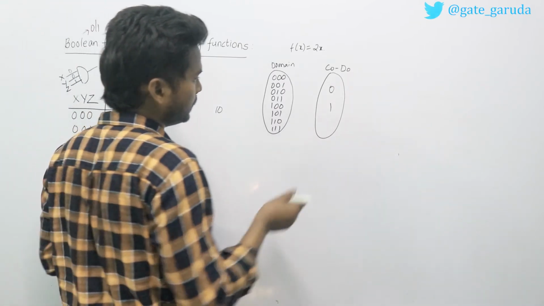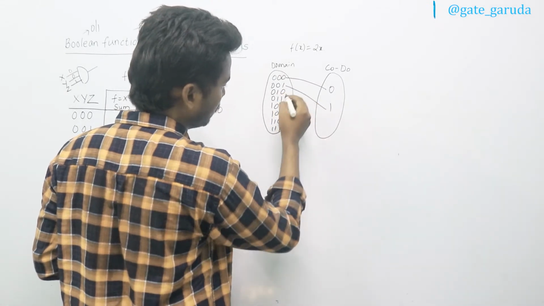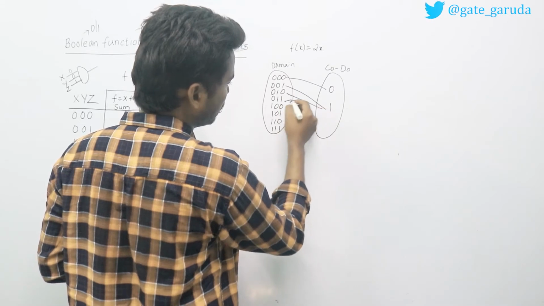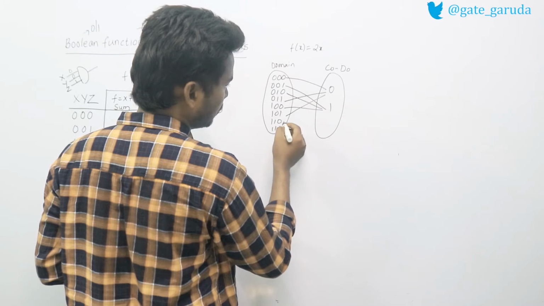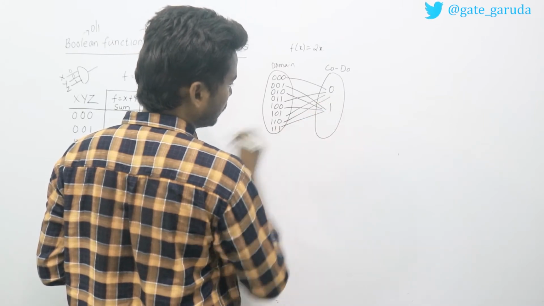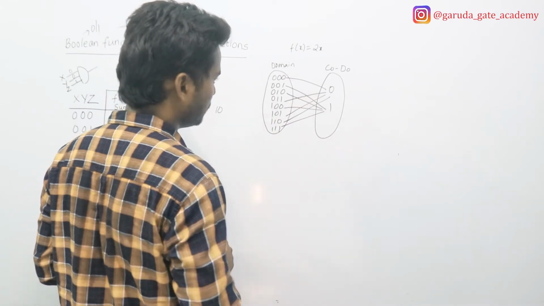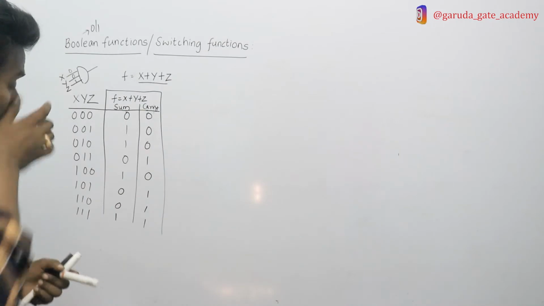If you map these things, this will be mapped to 0, this will be mapped to 1, and so on. So no element is left out, all the elements are mapped using this function.